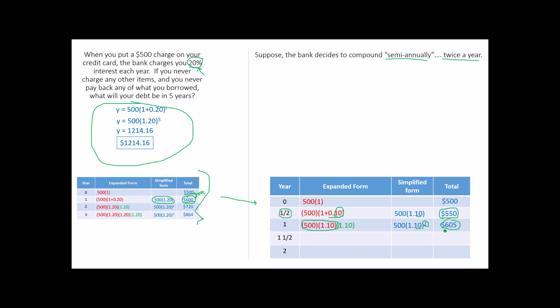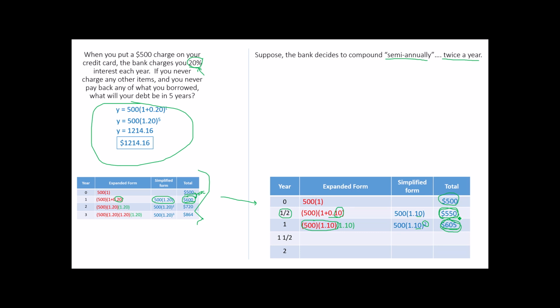But by doing this twice as often and charging us half as much each time, they've allowed themselves to gain an extra $5. Because over here, the 20% was 10% of 500 and 10% of 500. But in our new problem, the first 10% was 10% of 500, the second 10% was 10% of the 550.